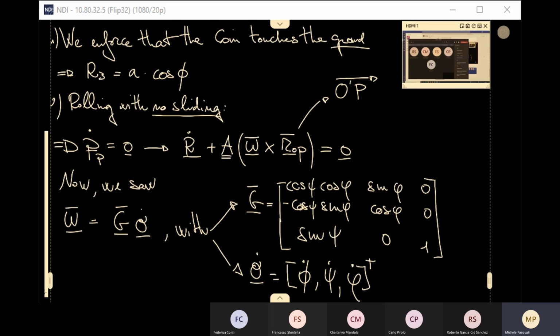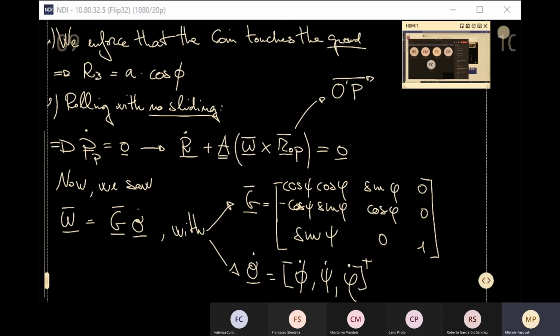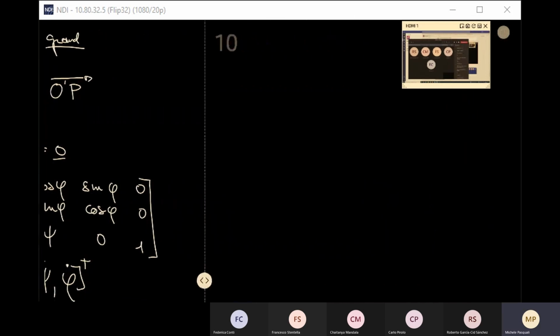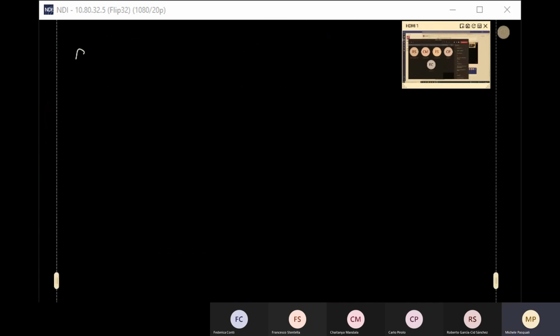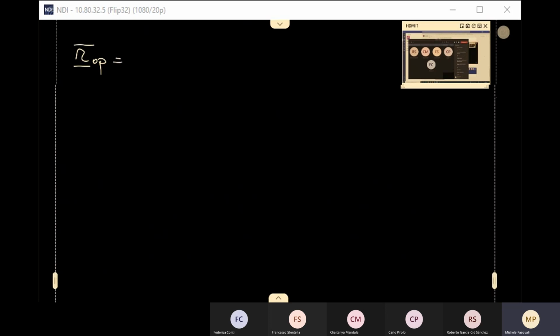And R0P. What is it, R0P? So R0P bar is the vector which connects O prime, which is the origin of the local frame, to the point of contact.